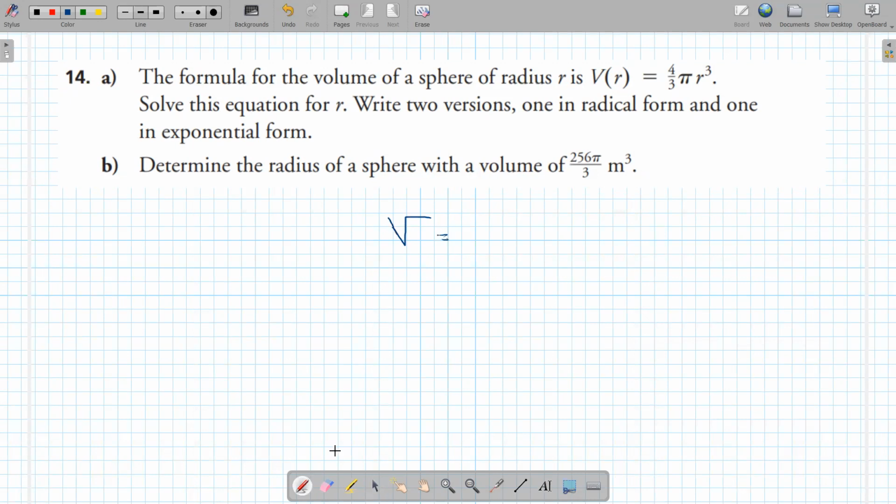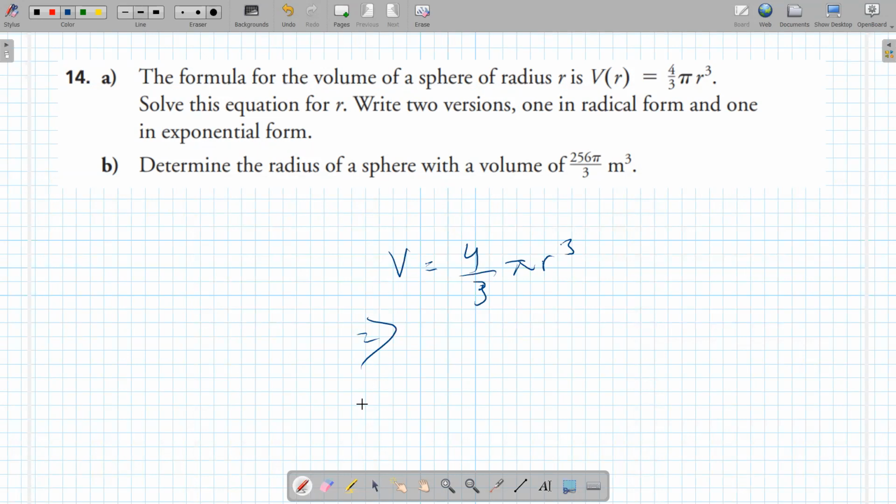V, that's not a square root, that's just a V. V is equal to 4 over 3 pi r cubed. How do we solve this for r? Which means isolate r. We only want r on one side of the equation and everything else on the other side. We're trying to solve this equation for r.